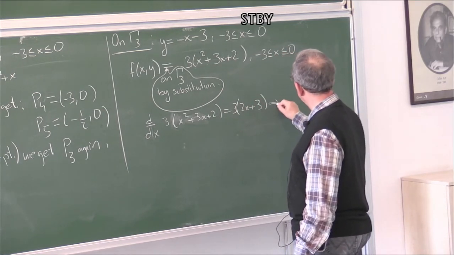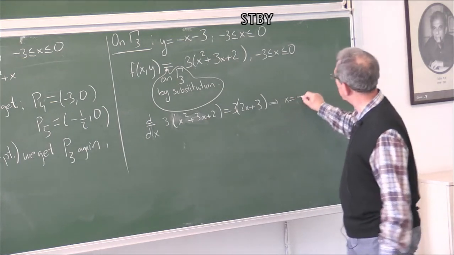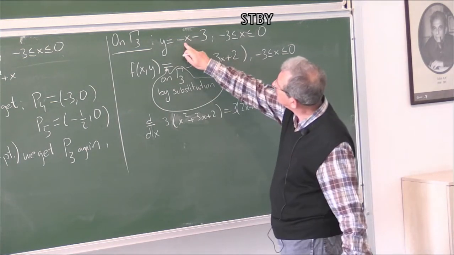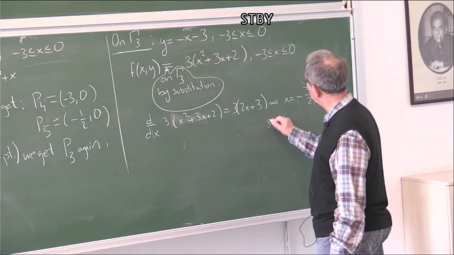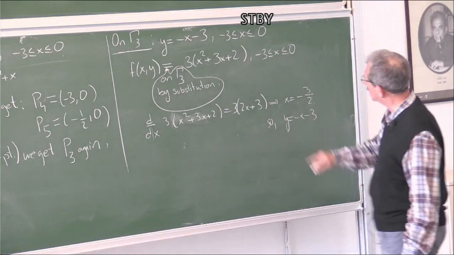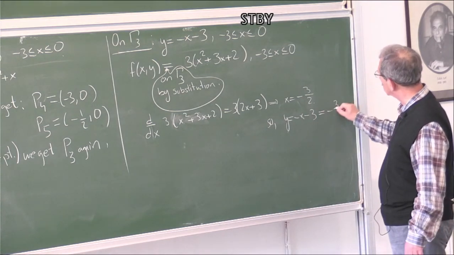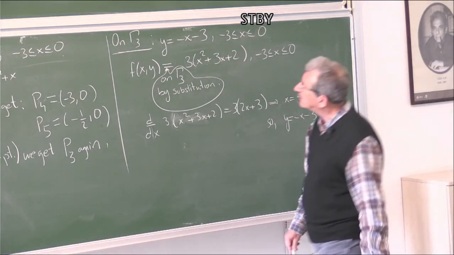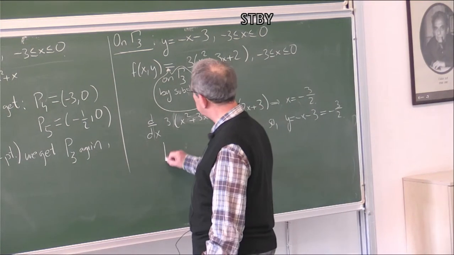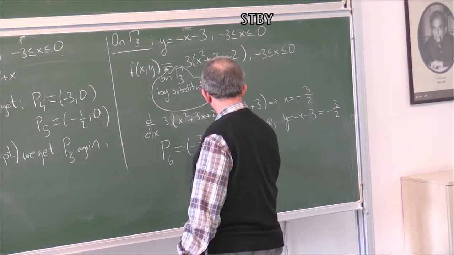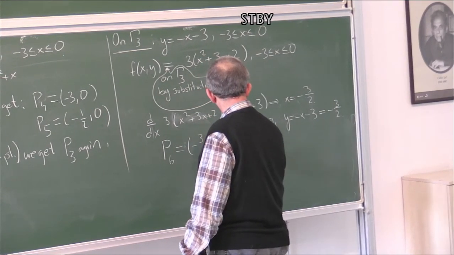So this implies that x is minus 3 over 2. Well, if x is minus 3 over 2, y is minus x minus 3, so it makes plus 3 over 2 minus 3, which is minus 3 over 2 again. So we get another point, a P6 point, which is minus 3 over 2 and minus 3 over 2.